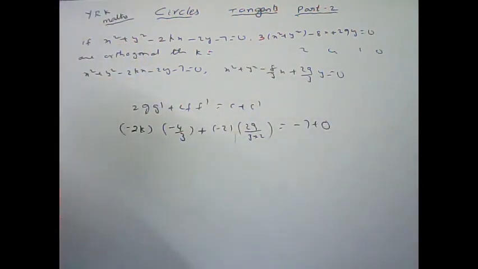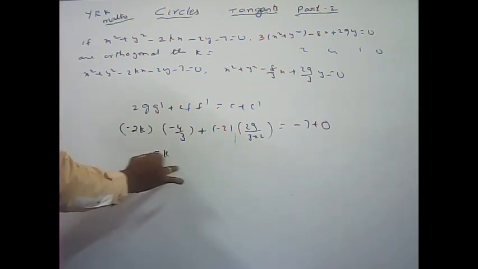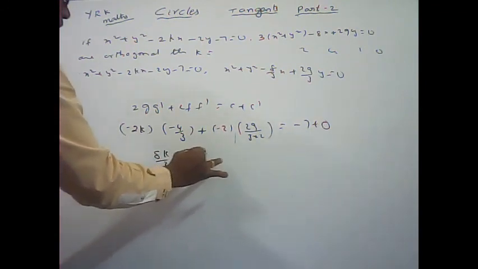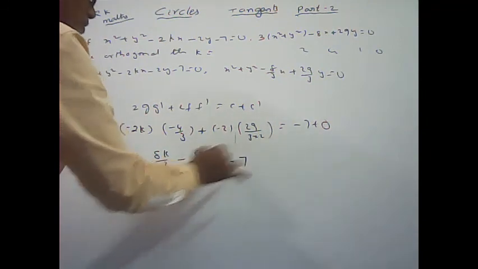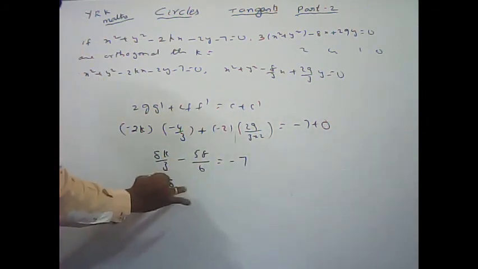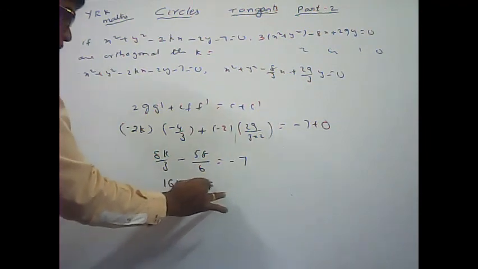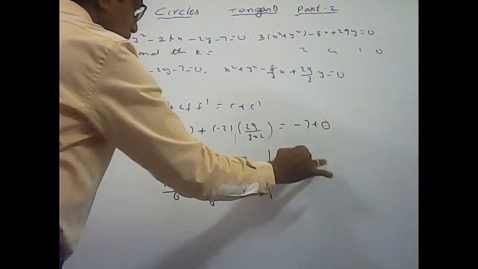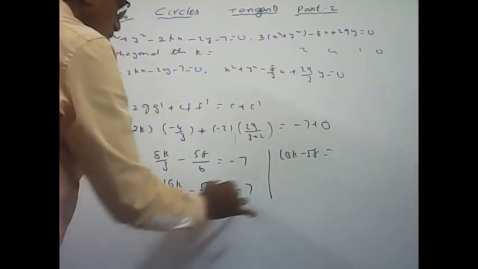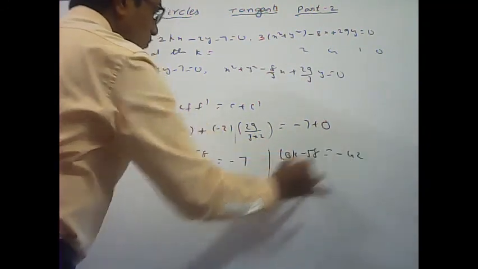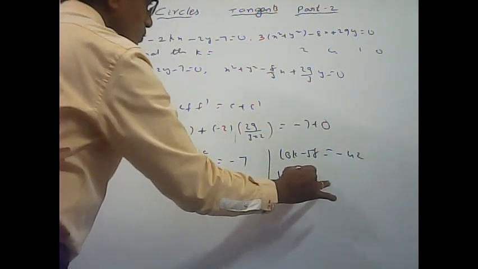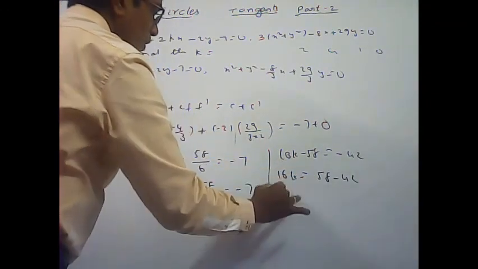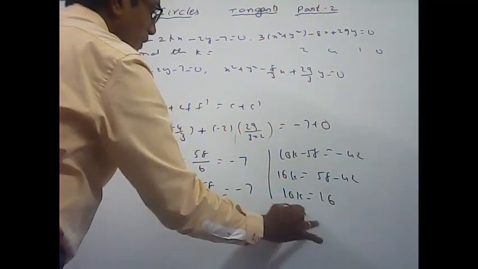By simplifying this, we can get the k value. 8k by 3 minus 58 by 6, that is equal to minus 7. Otherwise we can write 16k by 6 minus 58 by 6 equal to minus 7, or 16k minus 58 equal to minus 42. 16k is equal to 58 minus 42. 16k is equal to 16. k is equal to 1.